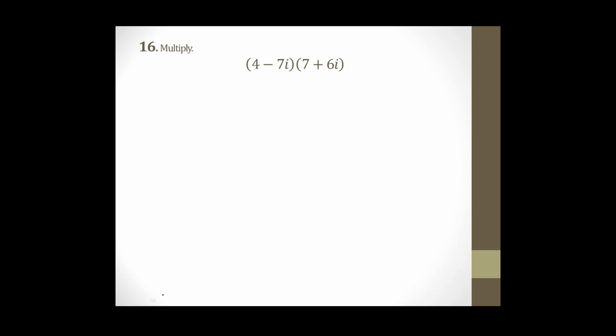All right, so let's get right to it. Question number 16. We're multiplying binomials. What we're going to do is the old FOIL, but basically it's just the first one times the first one, and then the first one times the second one.